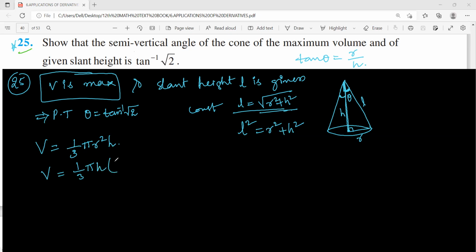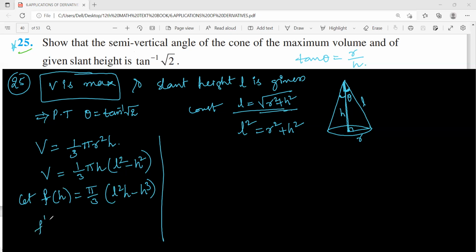Because here we already have R square, it is better to remove R square and write in terms of L square, which is anyway constant. So R square is L square minus H square. Now this is the volume. Take volume as a function of h, f of h. So pi by 3 is constant, and L square h minus h cube.